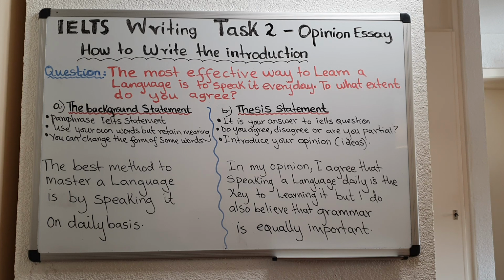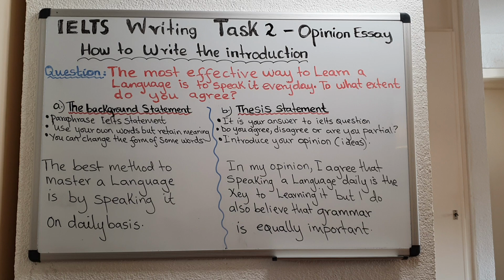In this lesson, we are going to learn about IELTS Writing Task 2. We are going to focus on an opinion essay. Remember, when it comes to writing task 2, the general students and the academic students get the same types of essays.